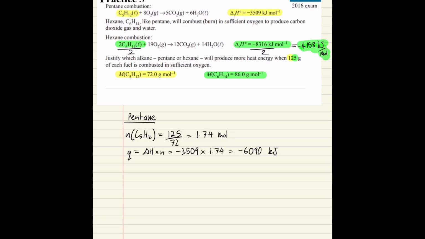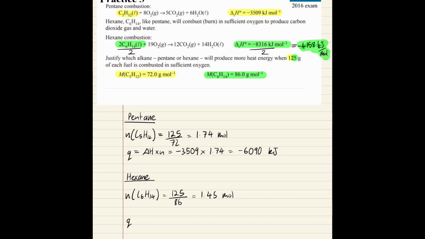All right, then we're just going to do the same thing for hexane. All right, moles of hexane is equal to 125 grams of fuel. So we're going to have less moles of it because it is a larger hydrocarbon. Right.